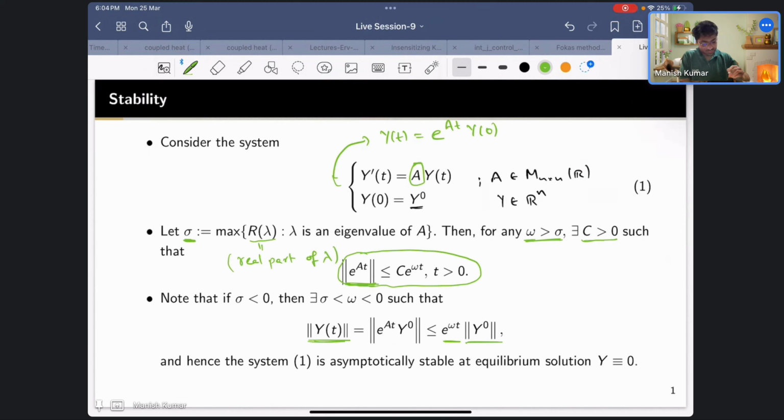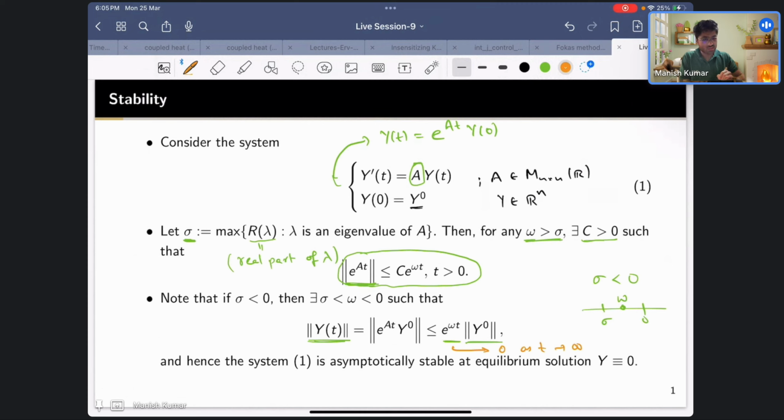Now if sigma is less than 0, suppose this is 0 and this is sigma, then obviously you can find some omega over here which is negative. So as t goes to infinity, this term will go to 0, correct?